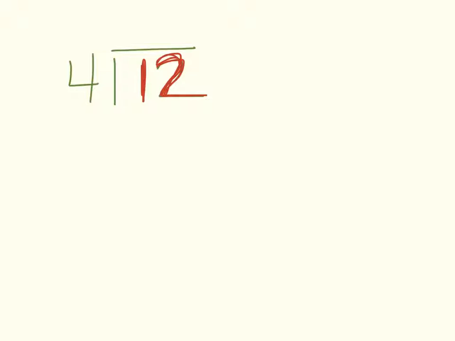Another way to see that same problem would be 12 ÷ 4. There again, when it's written this way, you start on the first number, just like starting on the inside of the house.